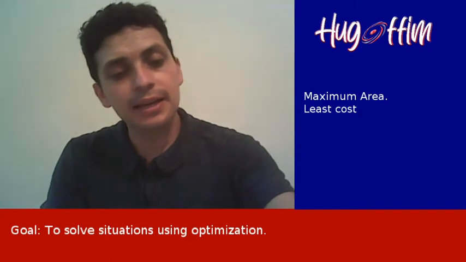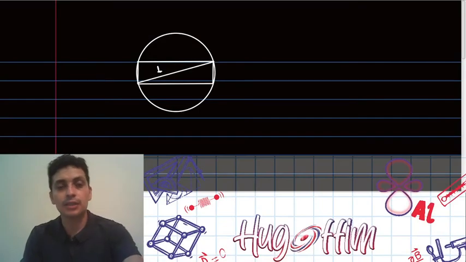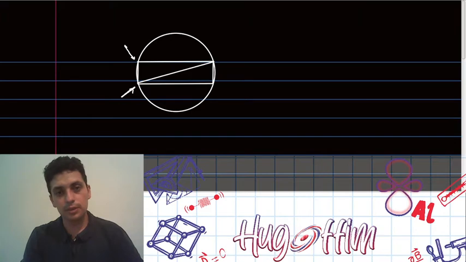Basically, this is the idea of the exercise. What you can see here is a circle, and inscribed on the circle is a rectangle. So the idea is to find the rectangle. Here are the vertices of the rectangle, and the diameter of the circle we're going to say is 2.